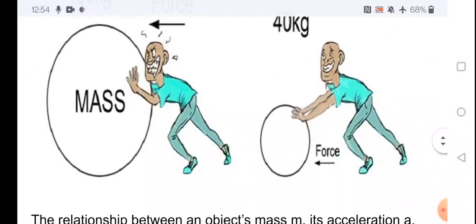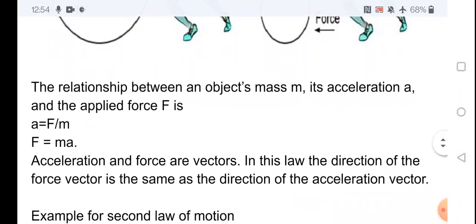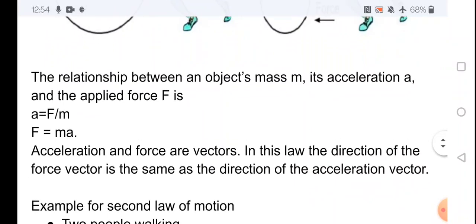So a is proportional to F by m. Next, a equals F by m. So F equals m into a. That is, force is the product of mass and acceleration of the object.